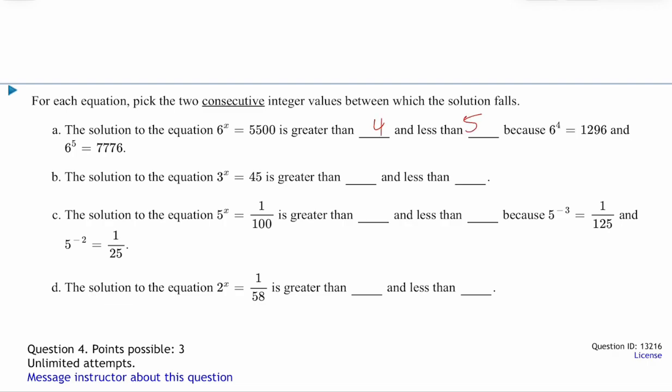So then B, we got to find them. I know that 3 to the 3rd is 27. 3 to the 4th is 81. 45 is somewhere in between. So that means we're in between 3 and 4 as our powers.